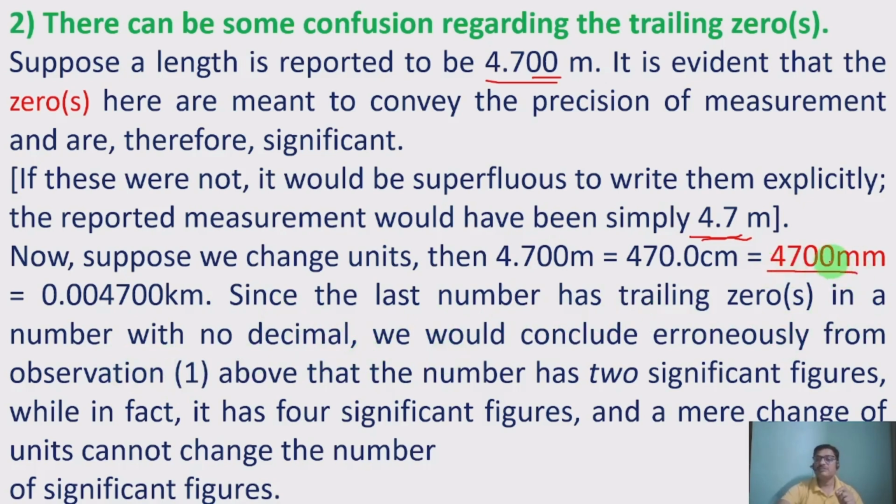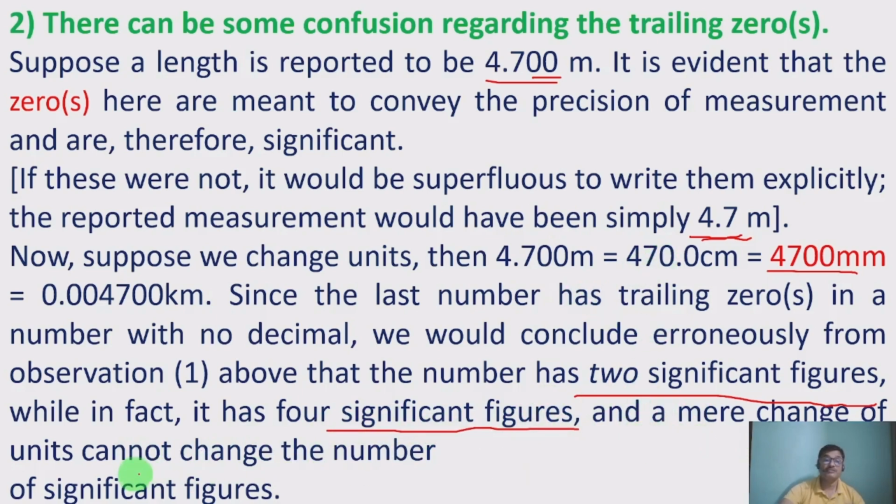We might conclude erroneously from observation 1 that the number has only two significant figures, because the trailing zeros are not significant according to observation 1. But in fact it has four significant figures.